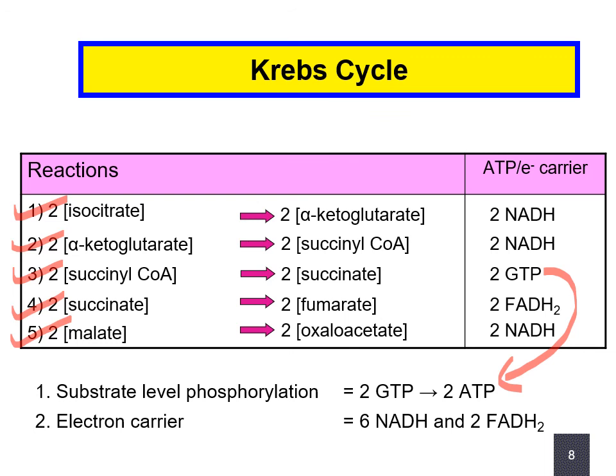So total ada 6 NADH dan juga 2 FADH2 ni dia akan enter the electron transport chain. So dia akan lalu electron carrier dalam electron transport chain, di mana nanti dalam proses ni NADH dan juga FADH2 dia akan generate the ATP molecule juga. So nanti kita akan discuss dengan lebih detail lagi.